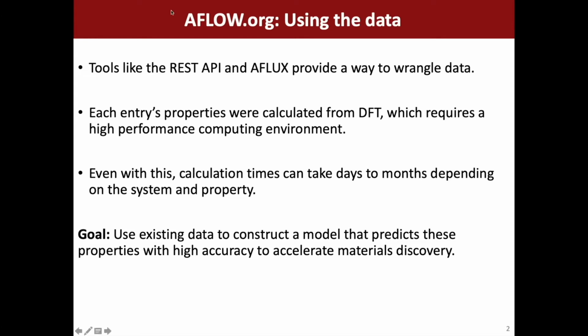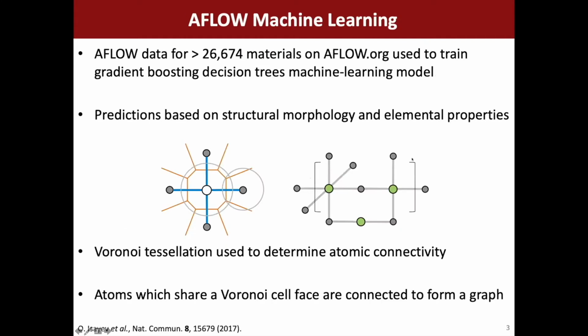So this is the idea: to use the existing data for these materials that we've calculated with DFT to then train this machine learning model. So this is what we did. At least for this first machine learning model, we focused on the ICSD data, so this is on the existing materials.